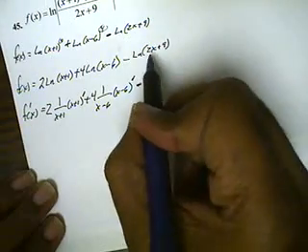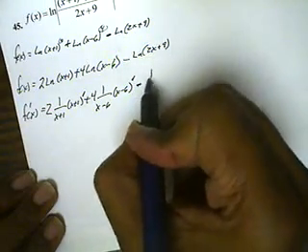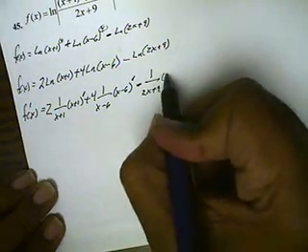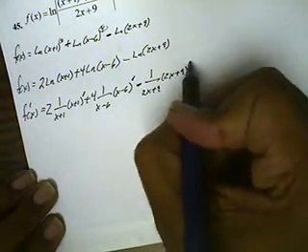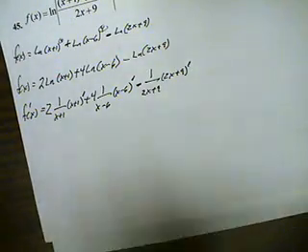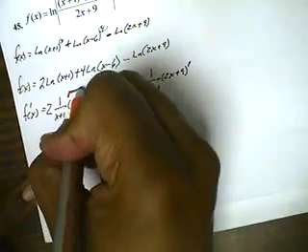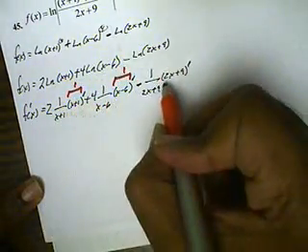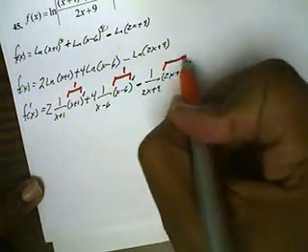And next will be negative 1 over u, 2x plus 9, times the derivative of u, which is 2x plus 9 prime. Okay, now let's take derivatives here. The derivative of the x plus 1 will be 1, the derivative of x minus 6 will be 1, and the derivative of 2x plus 9 will be 2.